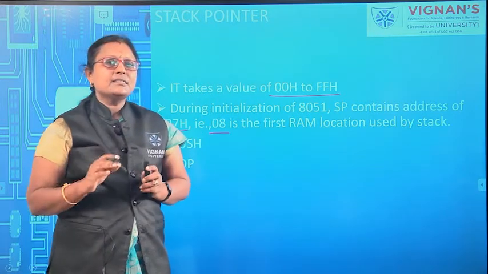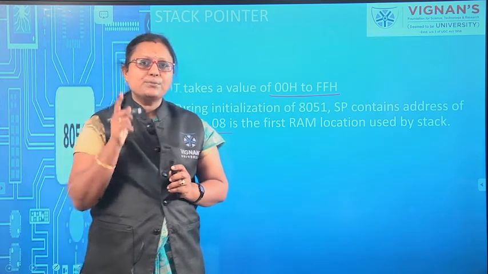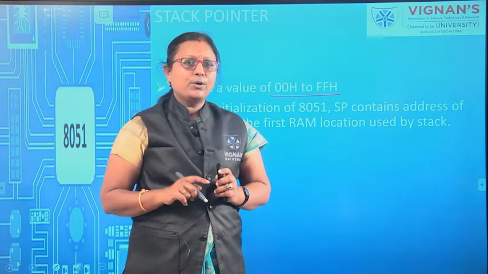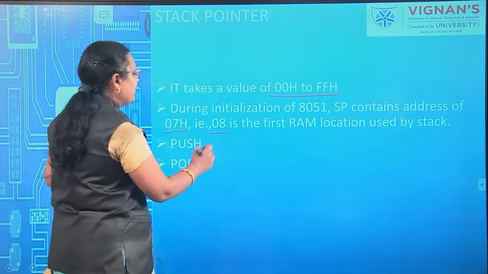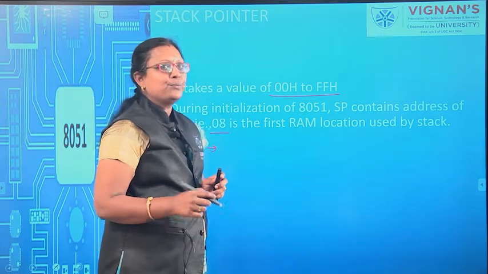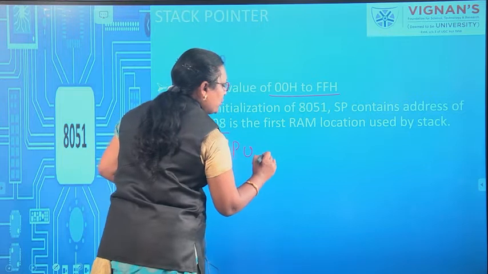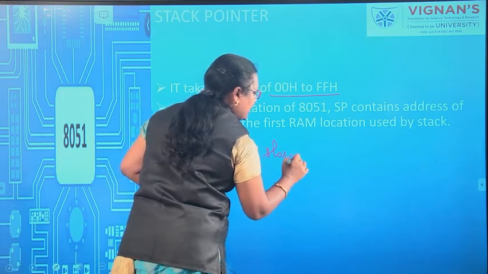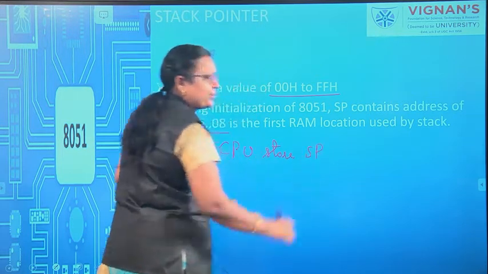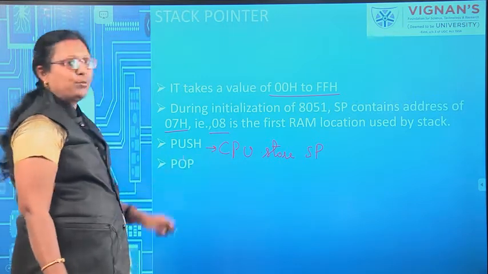It consists of two operations: one is the push operation and the other is the pop operation. Pushing means whenever your CPU wants to store data into the stack, that is called a pushing operation.